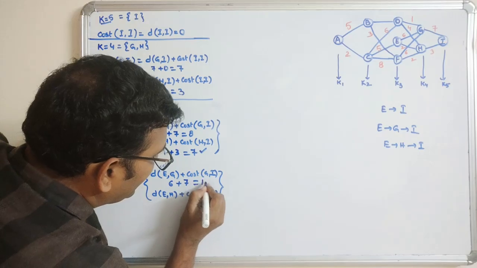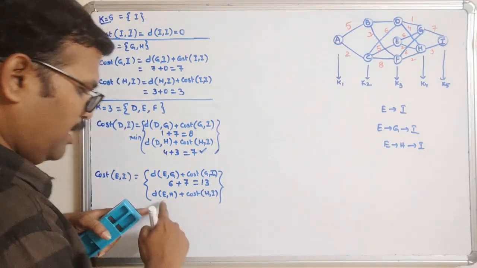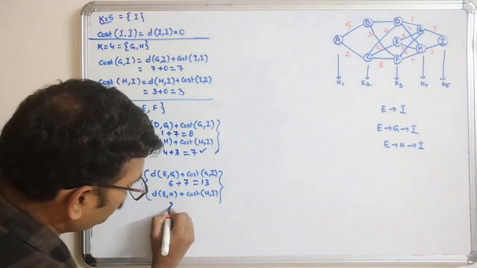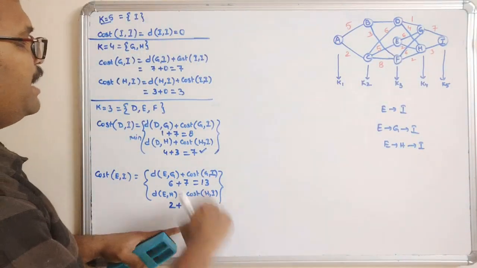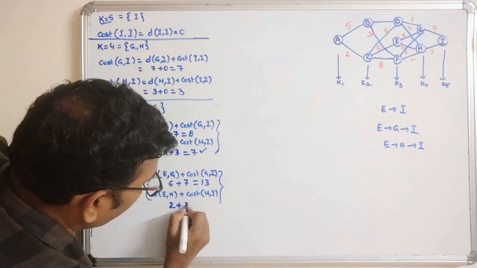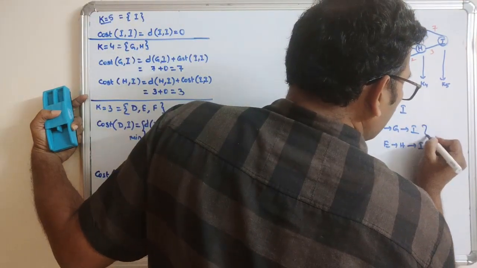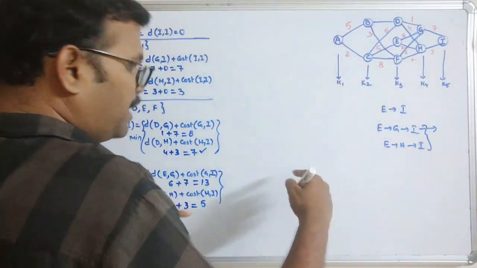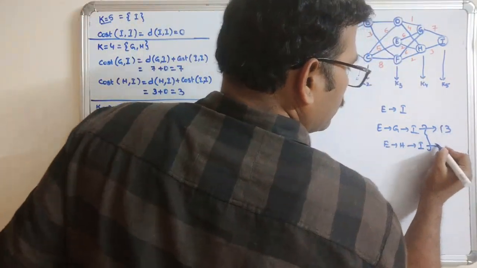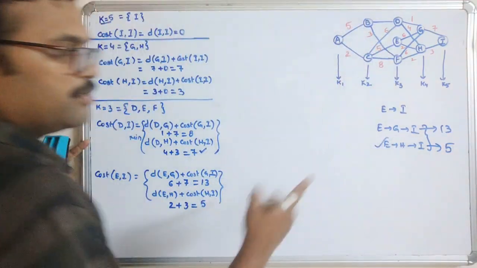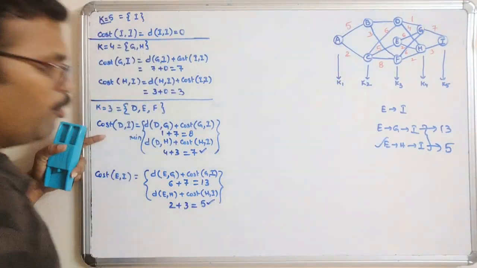So that gives 13 as a distance. The distance of E to H is 2 plus cost of HI, which is 3, so it is equal to 5. Through this path we got a distance of 13, through this path we got a distance of 5. So which one do we select? 5 should be selected, right, among these two.